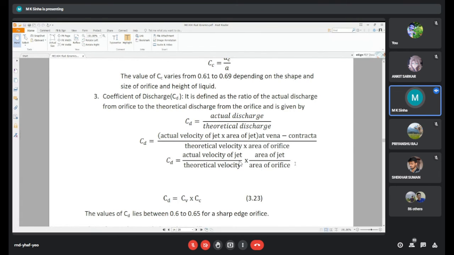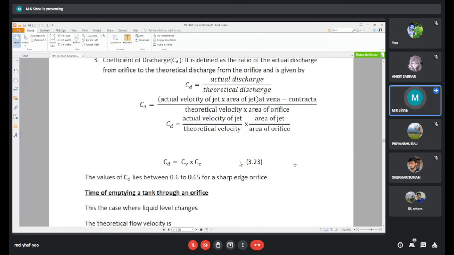Or you can say it relates the actual velocity of the jet into the area of the jet at the vena contracta to the theoretical velocity into the area of the orifice, so the coefficient of discharge equals the coefficient of velocity into the coefficient of contraction. See, the coefficient of discharge is the product of the two decimal numbers. So it is always less.